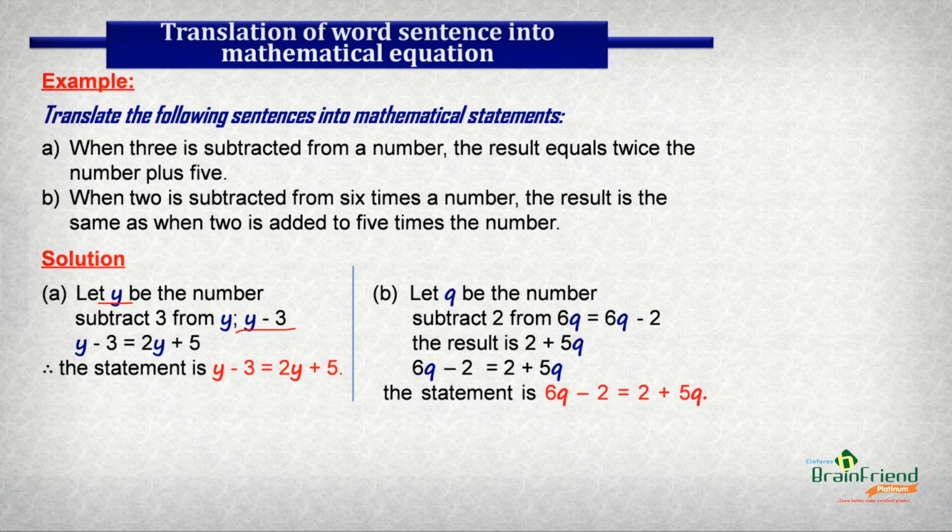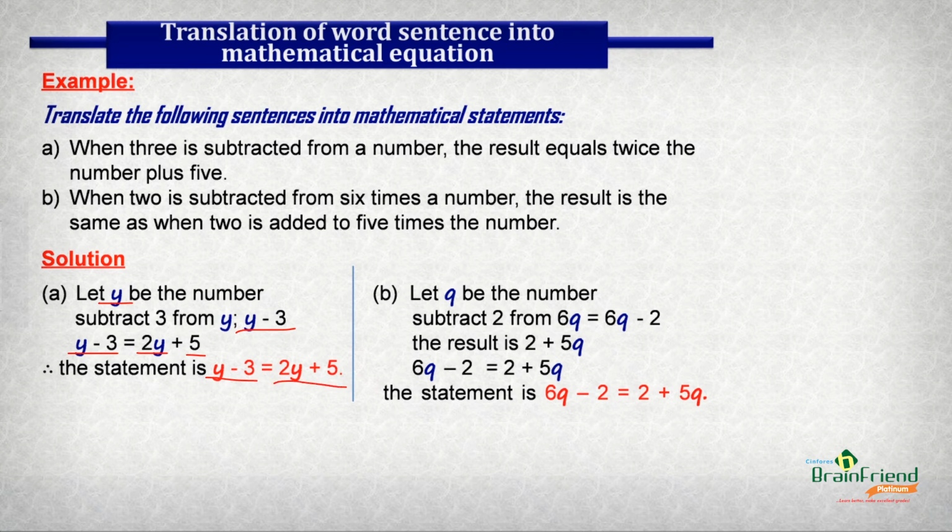So y minus 3. Now, the second part of the statement says that the result equals twice the number plus 5. The number here refers to the unknown. So y minus 3 equals 2 times y plus 5. So the mathematical statement that expresses the story we have above is y minus 3 equal to 2y plus 5.